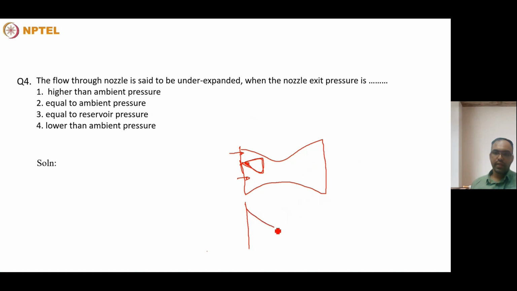So the pressure at the inlet will be the reservoir pressure, decreases, and then again increases.